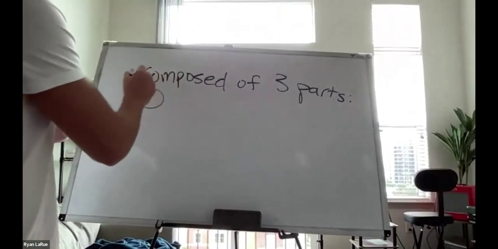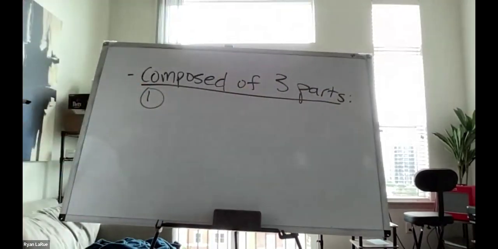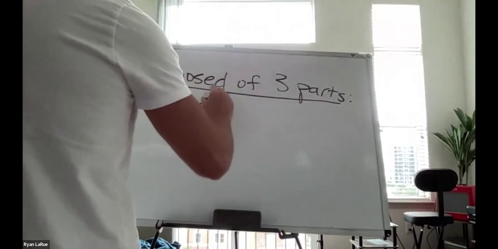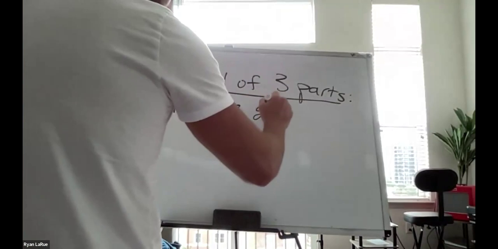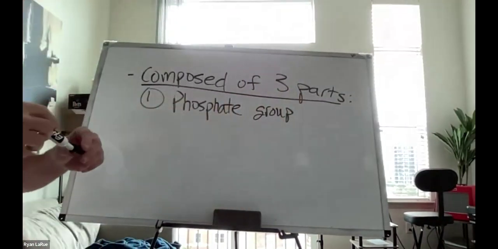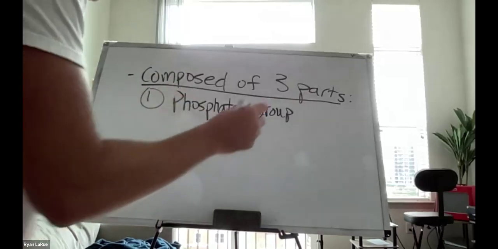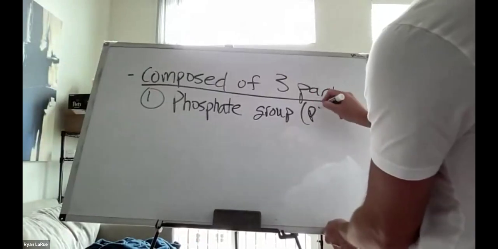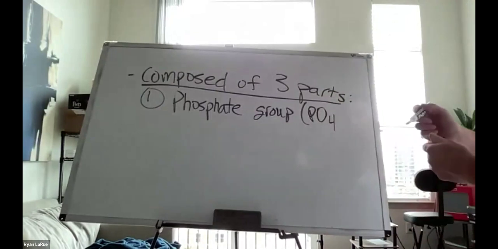So start with the phosphate group. And as you know by now, Professor LaRue always wants you to associate phosphate groups as being negatively charged. So their chemical formula and what makes up a phosphate, you got a P, phosphorus, O, four oxygens.